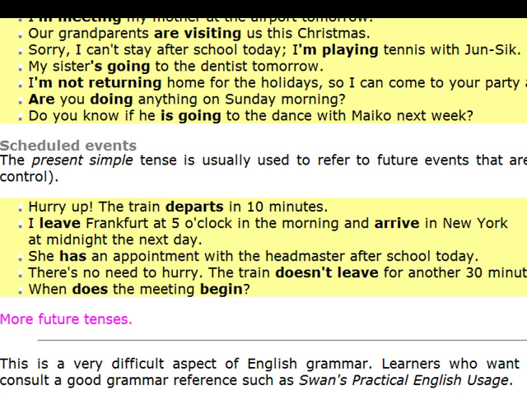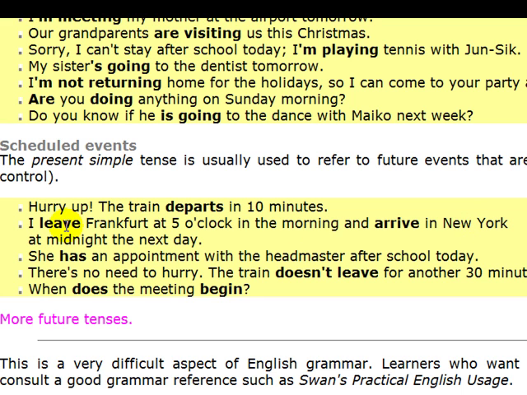Then we have the scheduled event. We use the present simple tense, usually to refer to future events that are scheduled and outside of our control. Hurry up, the train departs in 10 minutes, using the present simple form, depart. I leave Frankfurt at 5 o'clock in the morning and arrive in New York.